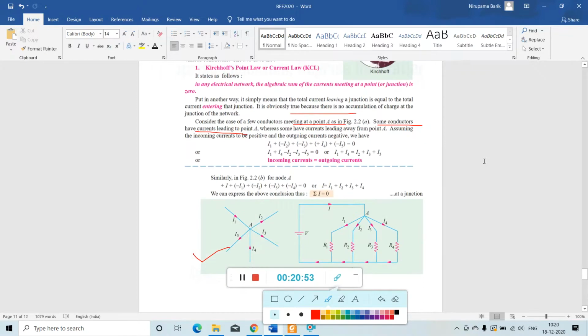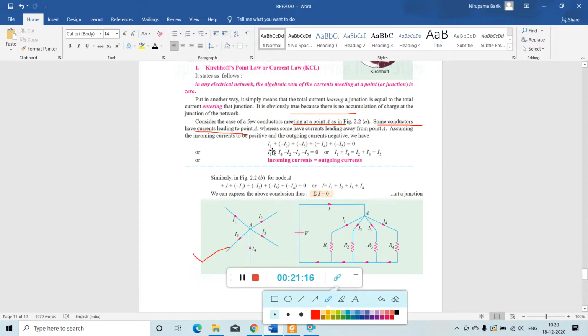So what happens here? Some currents are entering and some currents are leaving point A. Assuming the incoming current to be positive and outgoing current to be negative, you can assume anything: incoming current as positive and outgoing as negative, or outgoing as positive and incoming as negative.